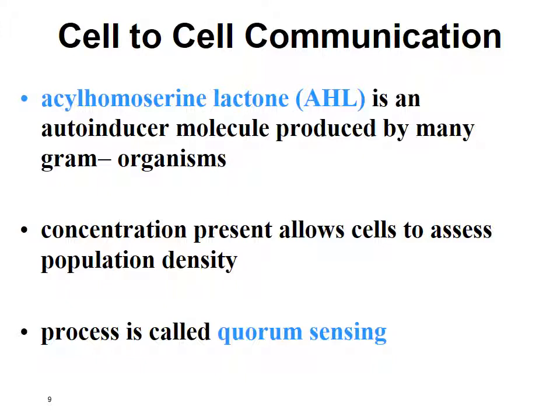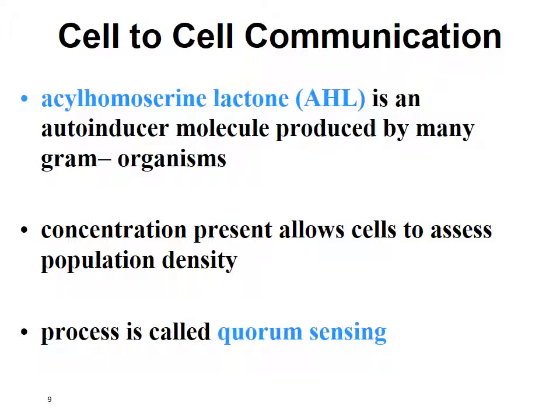But about 30 years ago, it was discovered that the marine luminescent bacterium called Vibrio fischeri controls its ability to glow by producing a small diffusible substance called an autoinducer. And this autoinducer molecule was later identified as an acyl homoserine lactone, AHL, as described here.